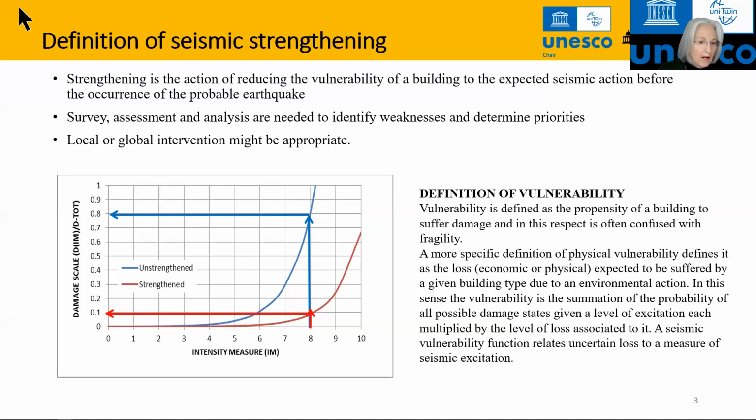And this is depicted in the chart that you can see here, where this is a very qualitative diagram, of course, but we can see that we have an intensity measure on the horizontal axis on a scale of 0 to 10, and the, let's say, expected damage, or the probability of damage given that particular intensity, on a scale of 0 to 100%.